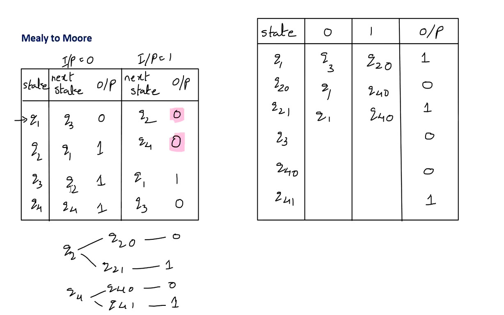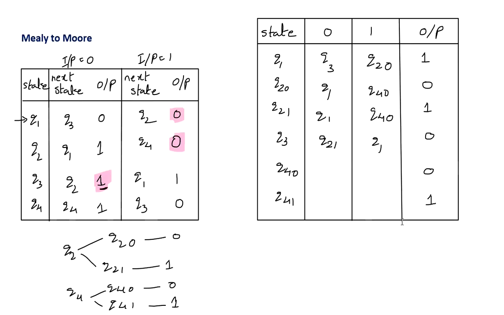Q3 on 0, it is moving to the state Q2, but there is no Q2 state in the Moore machine. If you observe here, output is 1, so we need to write Q21. That means Q3 on 0 is moving to the state Q21 since the output is 1 here. Q3 on 1, it is moving to the state Q1, so we can write Q1 here. Next is Q4 on 0, it is moving to the state Q4 and there is no Q4 state.